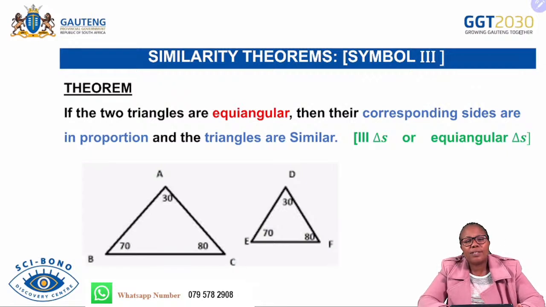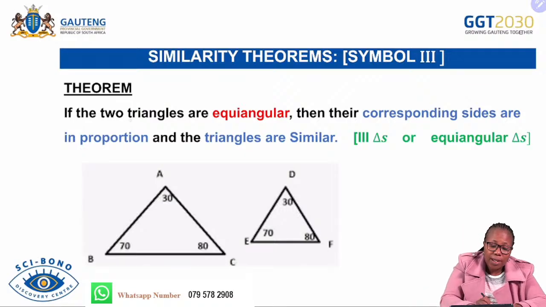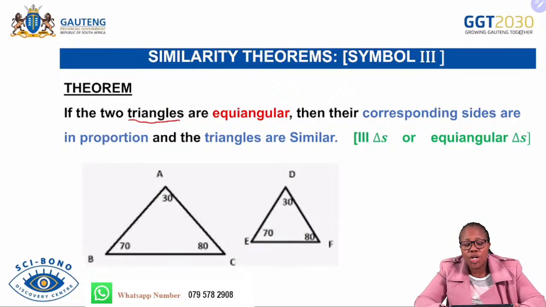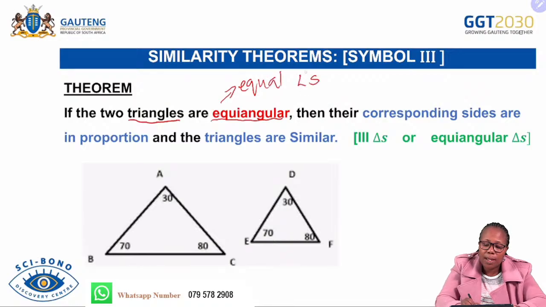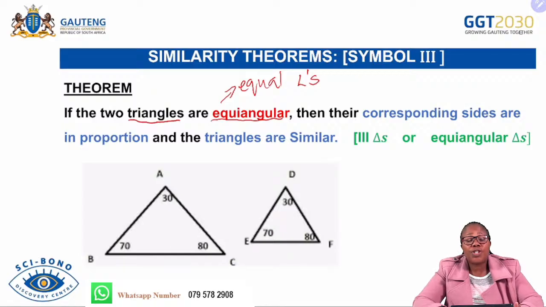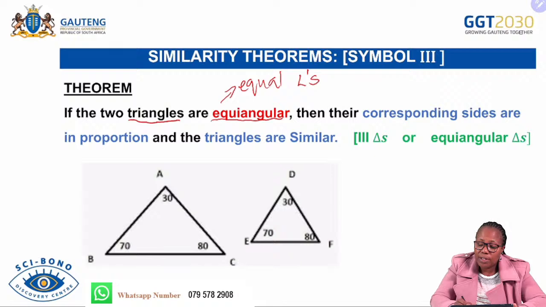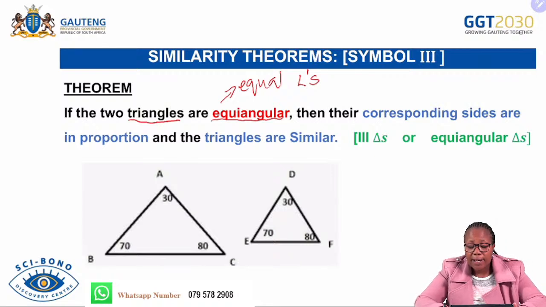Right, and then what does this theorem state now? The similarity theorem states that if the two triangles, that means in this case we are comparing what? Triangles. If two triangles are equiangular, what do we mean by equiangular? They have equal angles. Equiangular means equal angles. And then if the two triangles are equiangular, then their corresponding sides are in proportion and the triangles are similar.